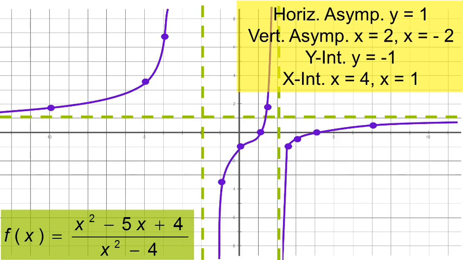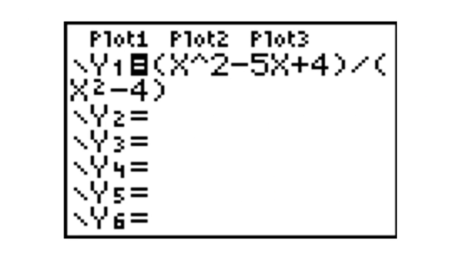So what I've also done is shown you the display on the calculator. If I was to type this one in the calculator, x squared minus 5x plus 4 divided by x squared minus 4. And notice that I put the top polynomial in parentheses and the bottom polynomial in parentheses. And if I was to graph this, here's the graph on my calculator.